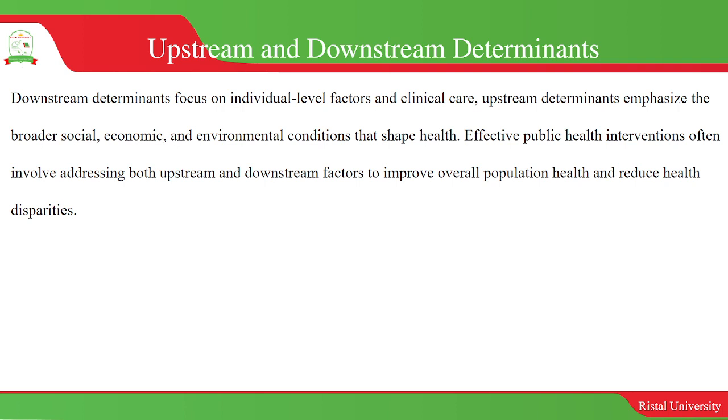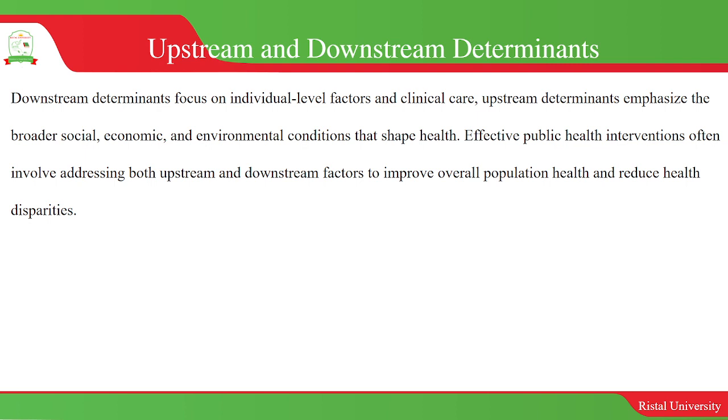And we have a terminology called upstream and downstream determinants of health. This is to say that factors that influence your health can happen at individual level, okay? And we also have factors that can influence your health at social, economic, and even environmental level, okay?